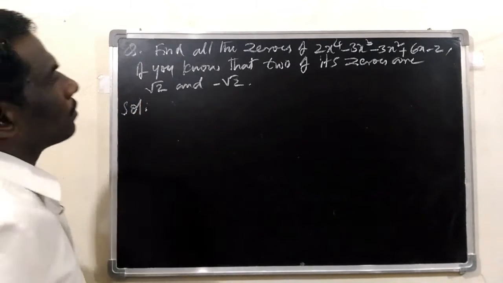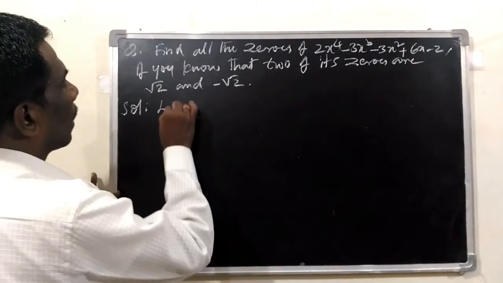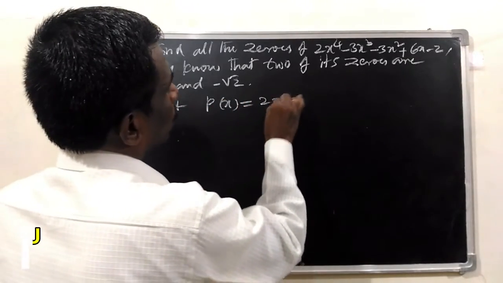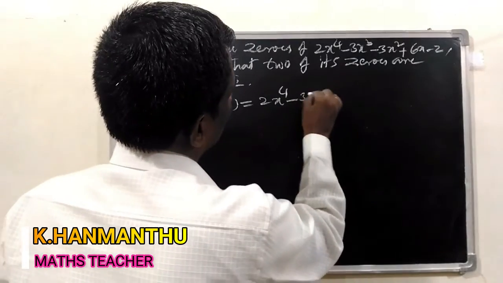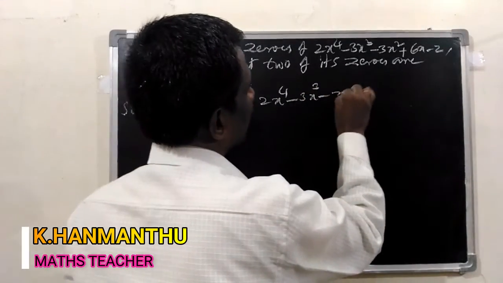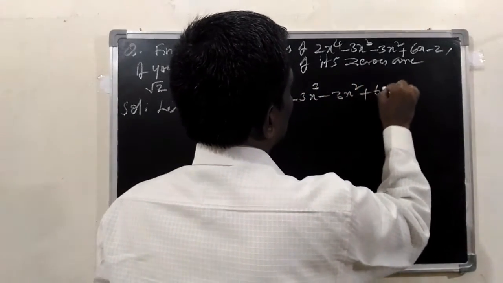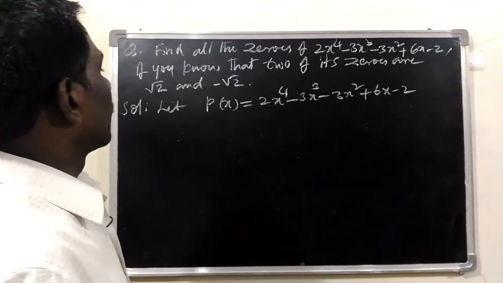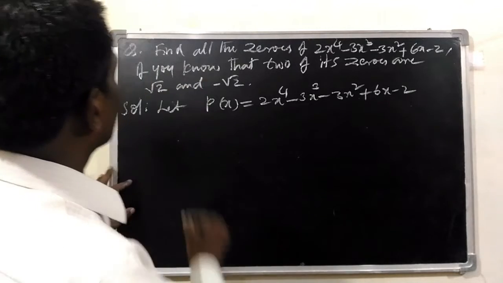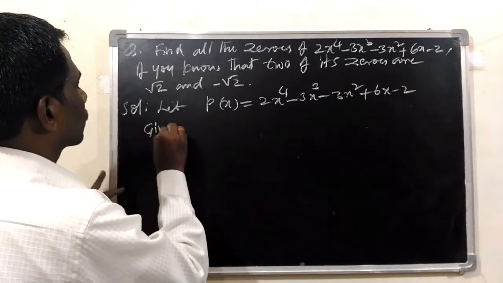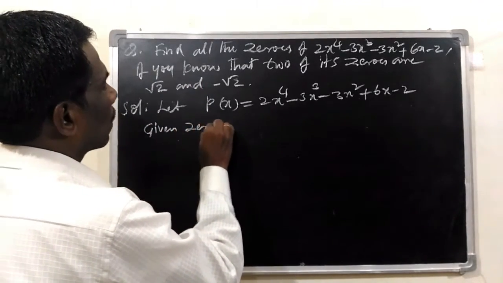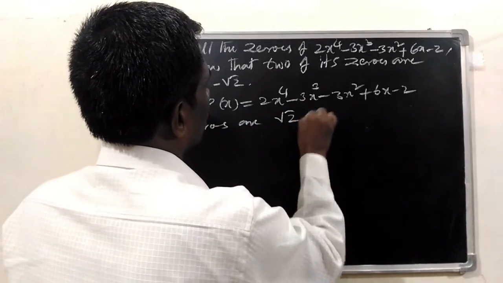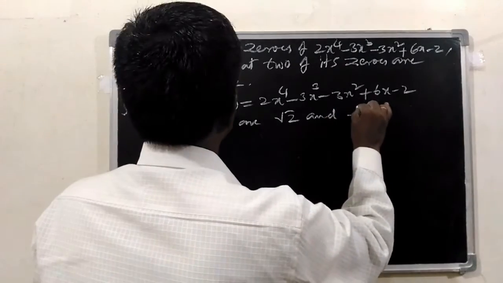Solution. Let P of x equal 2x power 4 minus 3x cube minus 3x square plus 6x minus 2 be a polynomial, and given zeros are root 2 and minus root 2.